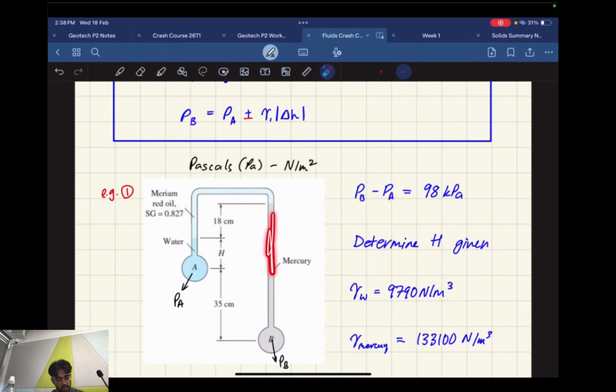So this is mercury over here, this is water, and we've also got red oil, because they've given us the SG of red oil. From here, you're going to need to find the unit weight of the oil. That's up to you guys to figure out. 5-10 minutes for that, and yeah, give it a go.